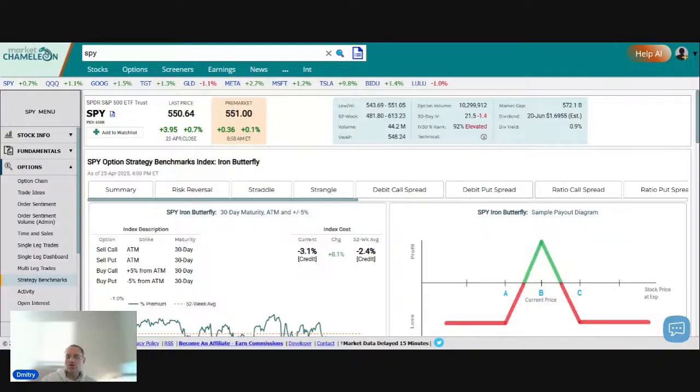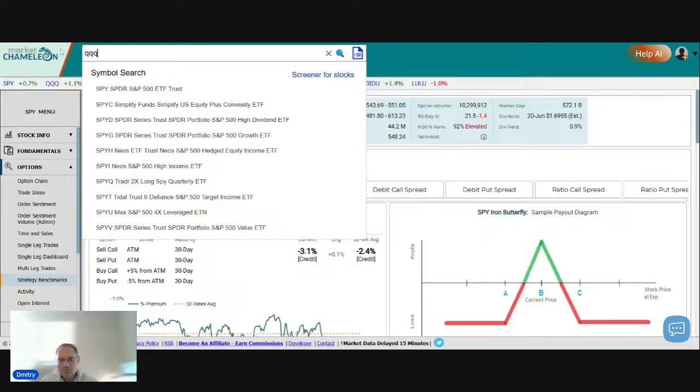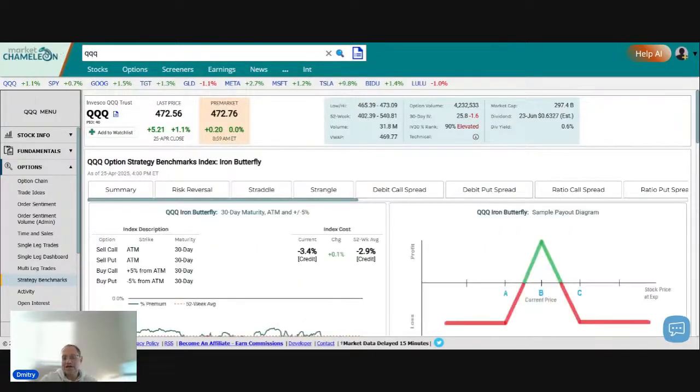Right now we're looking at 3.4 versus 3.1. Historically, it was 2.9 versus 2.4. So close.